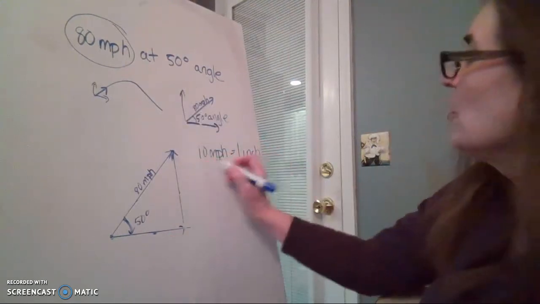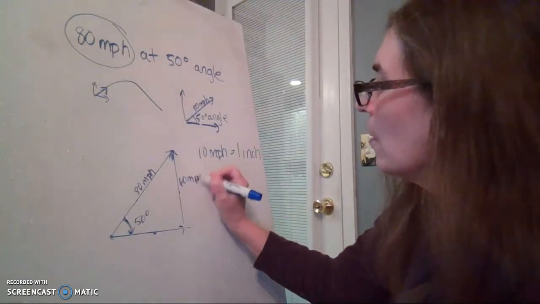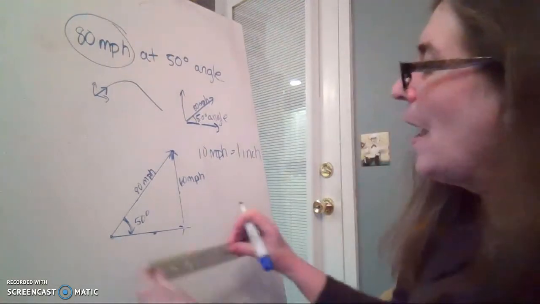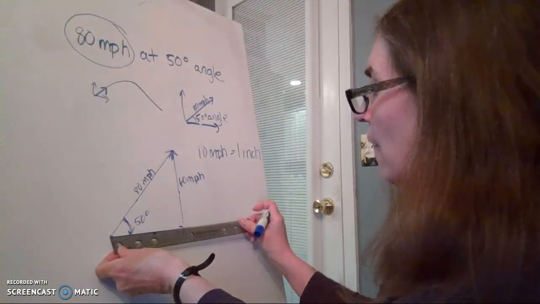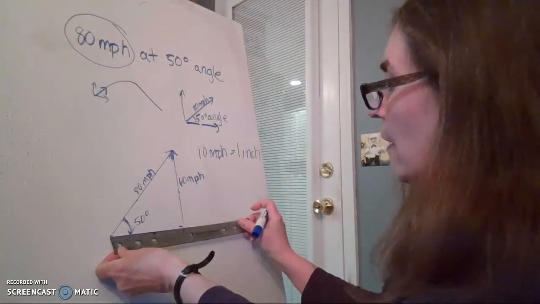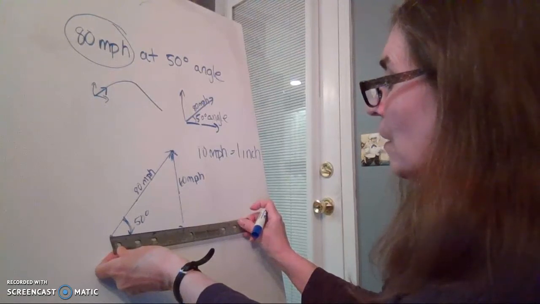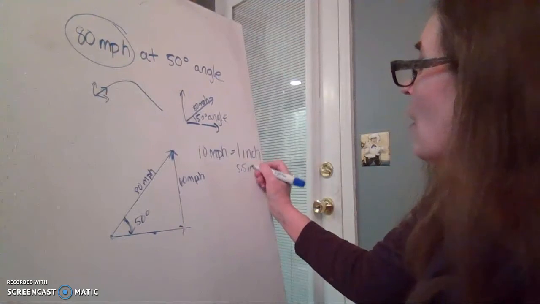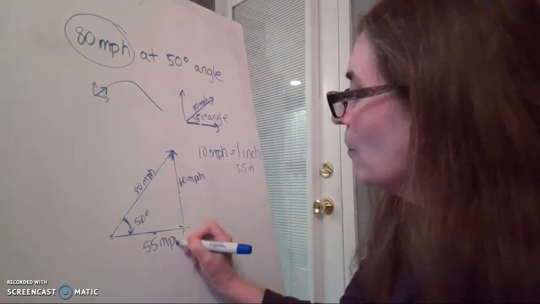So 6 inches is 60 miles per hour. So it's traveling upwards at a rate of 60 miles per hour, and it's traveling forward at a rate of, I'm going to estimate, 5.5 inches, which is 55 miles per hour this way.